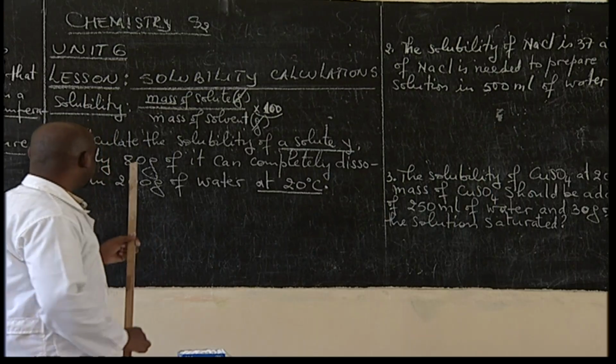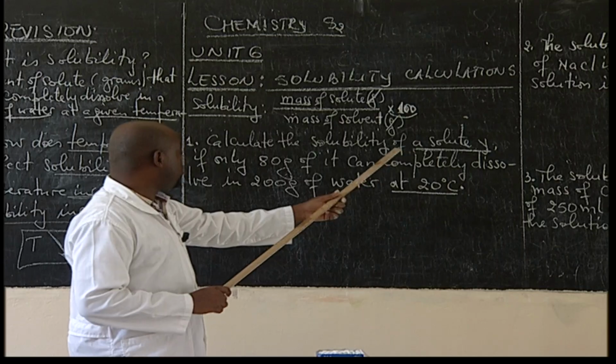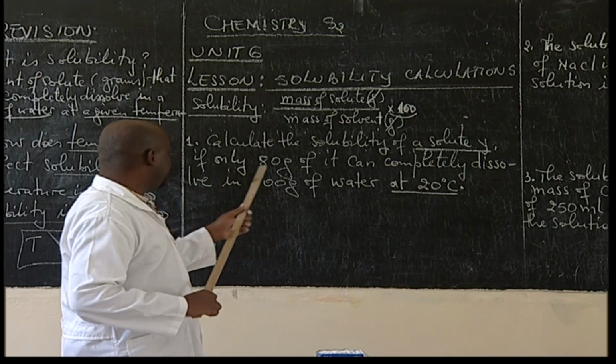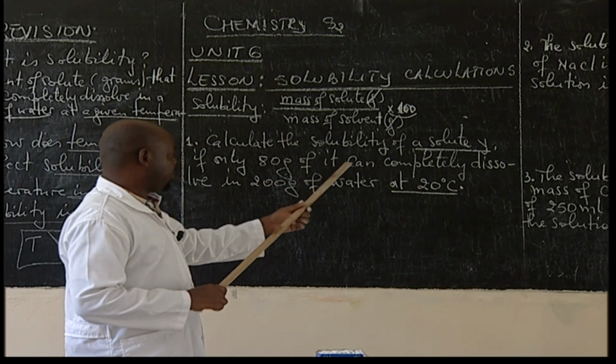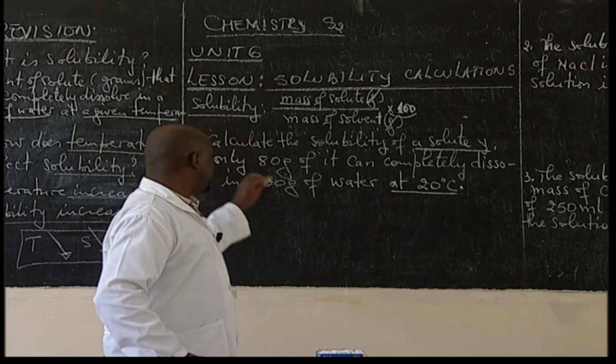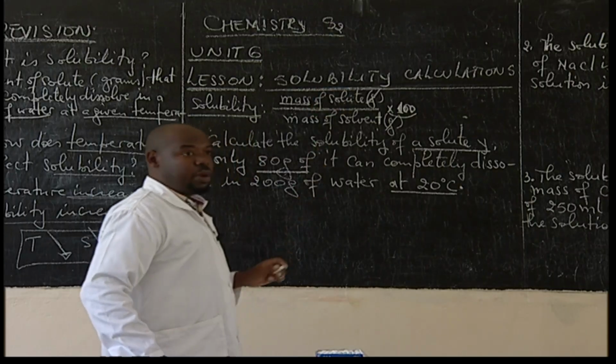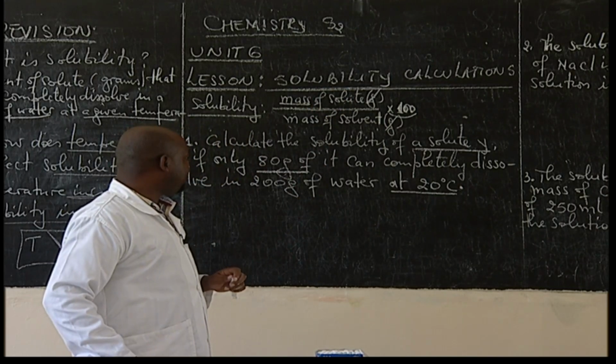Let us analyze the question. Calculate the solubility of a solute Y if only 80 grams of it. The it we have here stands for the solute Y. So we have the mass of the solute. Mass of solute has been given.